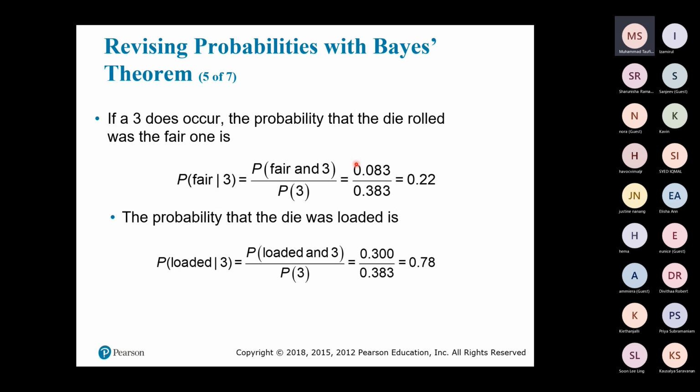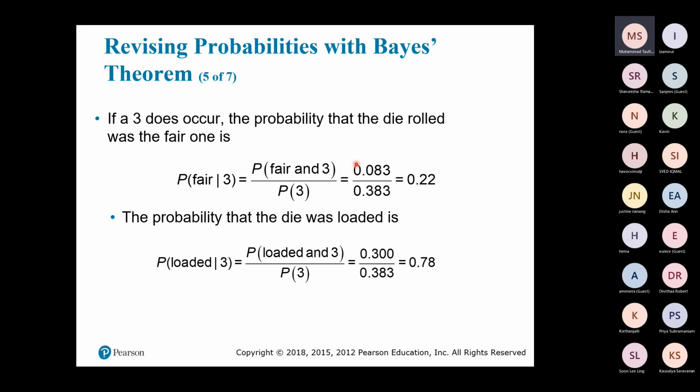Kita replace dengan value 0.3 divided by 0.383. Then you will get the chances you will pick the modified dice when you throw number 3 is 0.78.